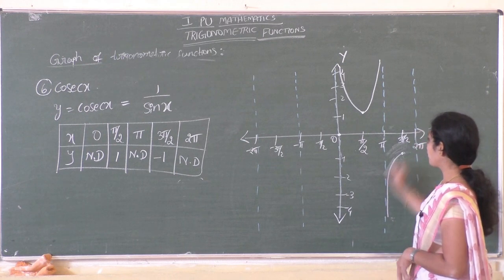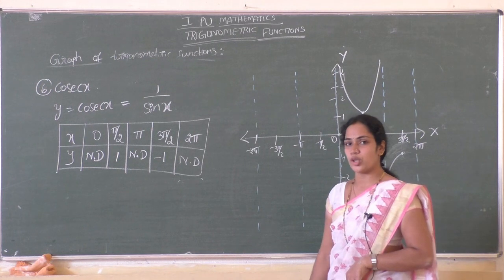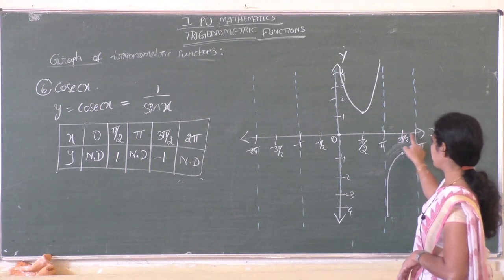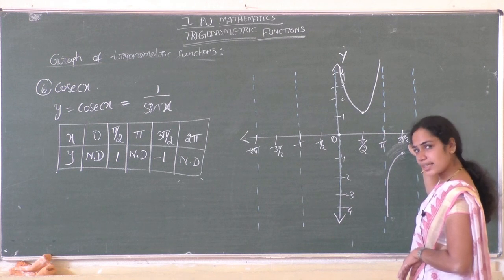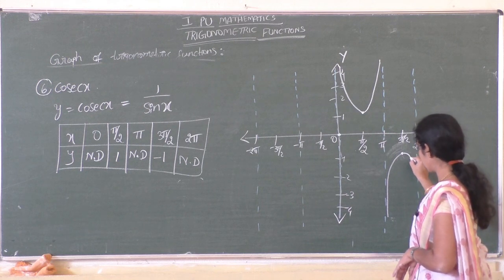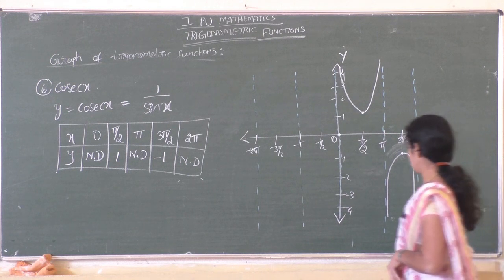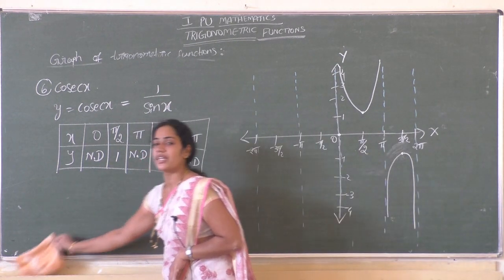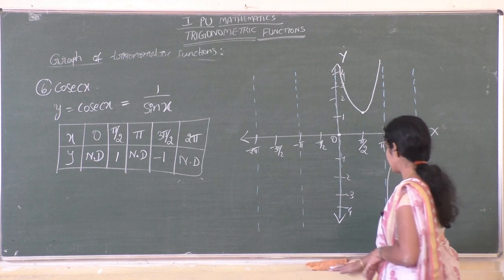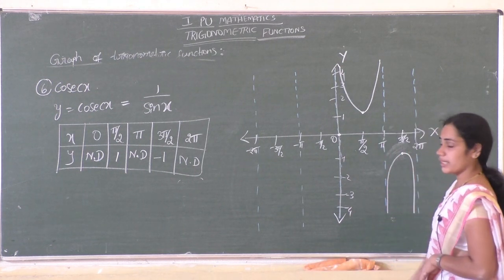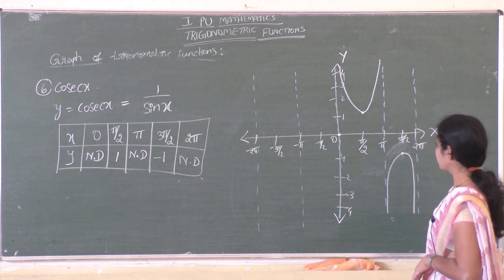Then the fourth quadrant, 3 pi by 2 to 2 pi. In the fourth quadrant sin is negative, so it decreases from minus 1 to minus infinity.